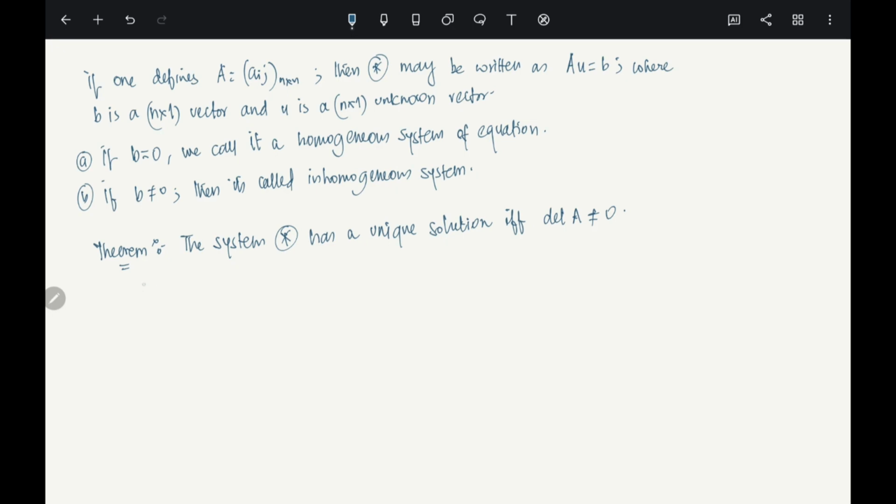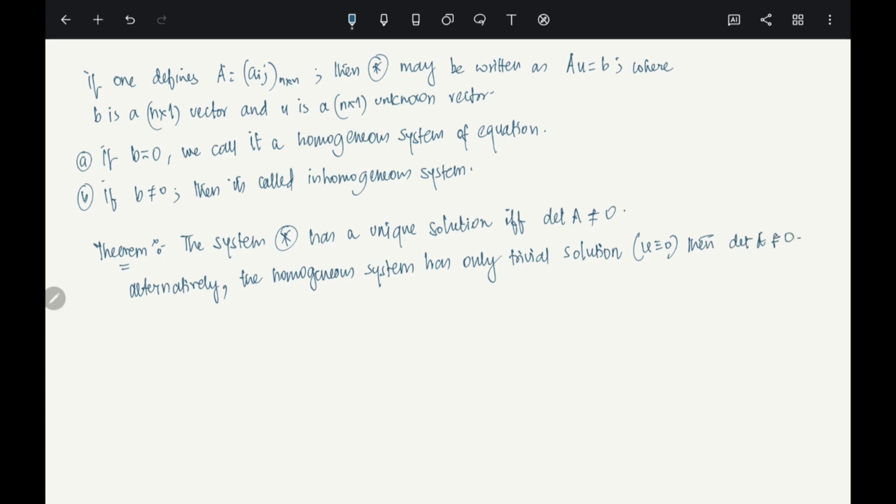And we can also say, alternatively, the homogeneous system, so b equals 0, has only the trivial solution, where trivial solution means u is identically equal to 0, if and only if the determinant of A is non-zero.